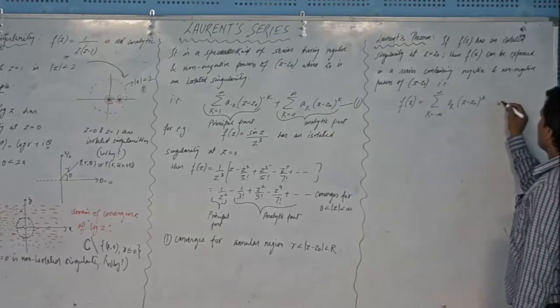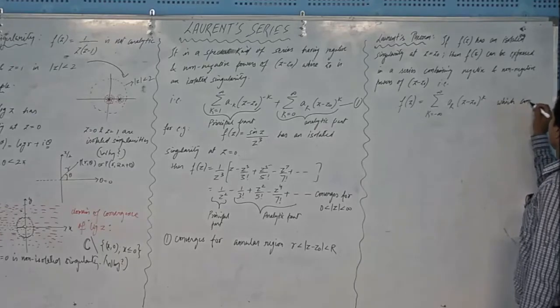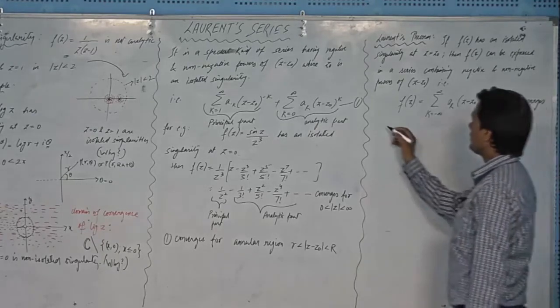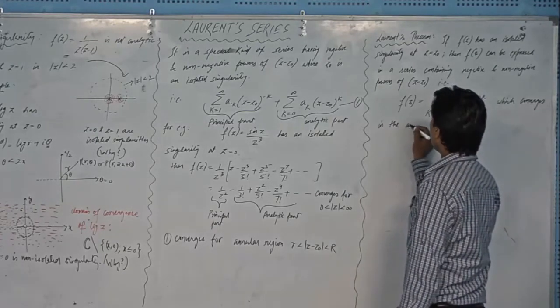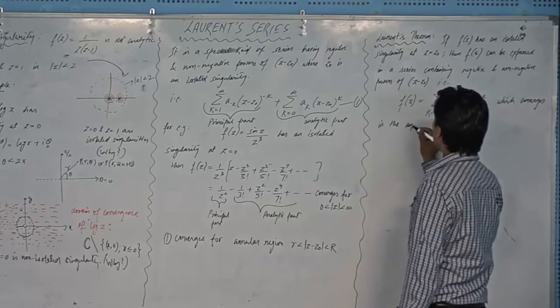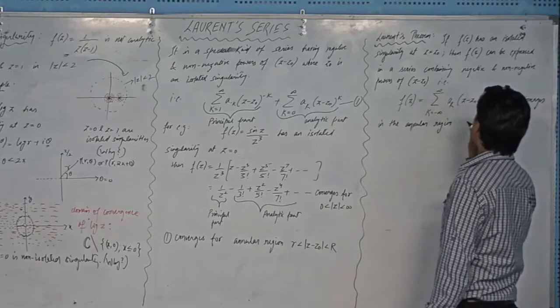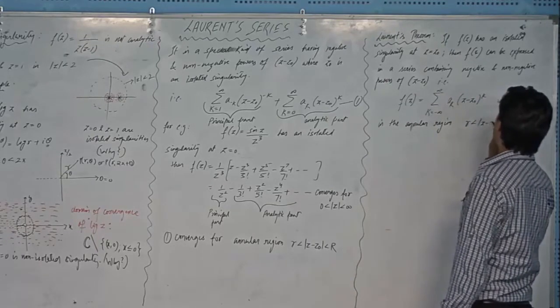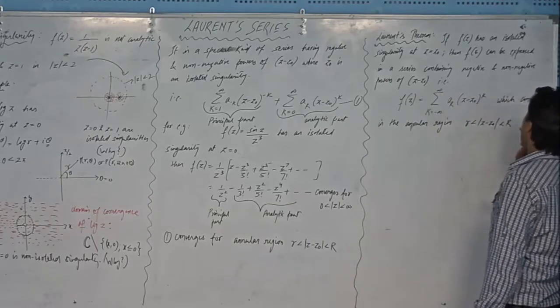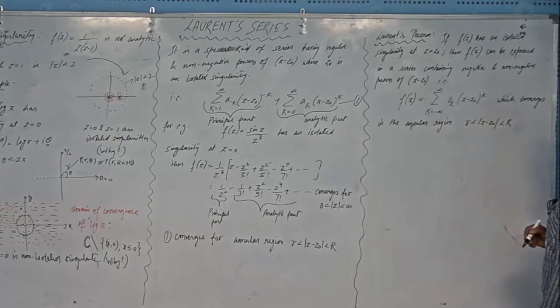Which converges in the annular region small r less than mod of z minus z naught less than capital R, right?